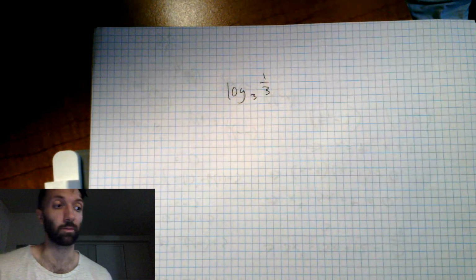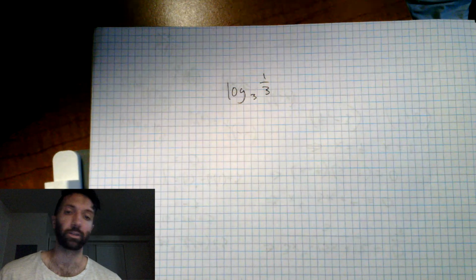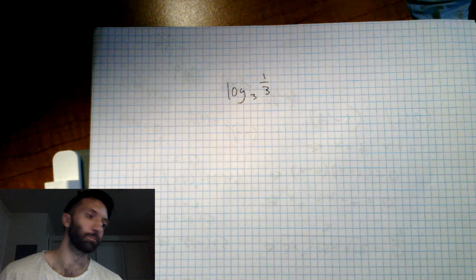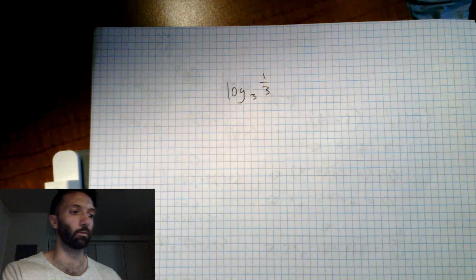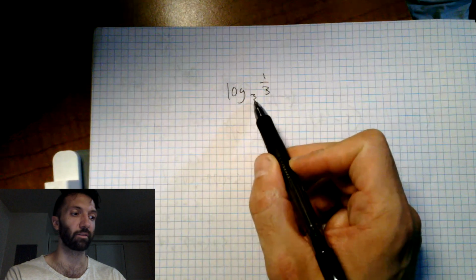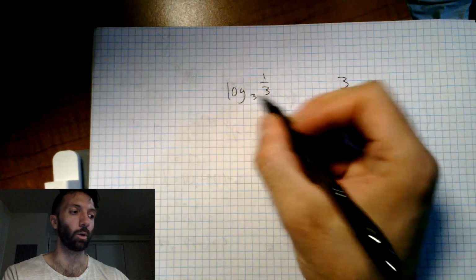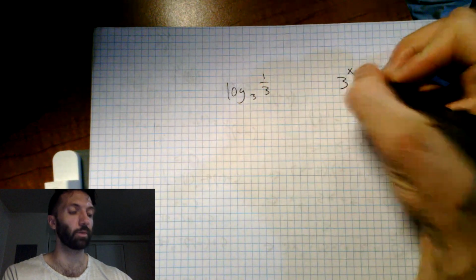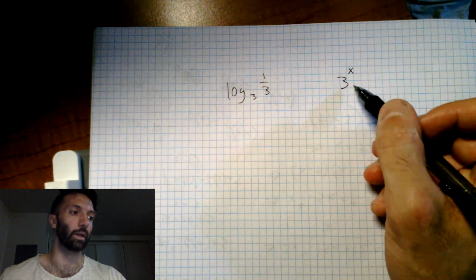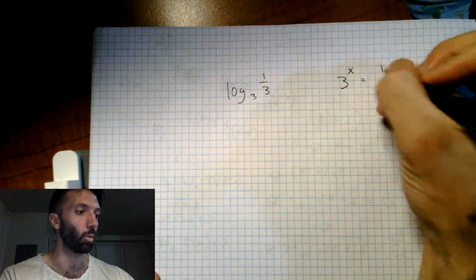Here sometimes we can get some fractions. So we want to know what log base 3 of 1/3 is here. Let's create the situation again. A base of 3 would mean a base of 3, and I want to know what the log is. So I want to know what exponent I would raise 3 to in order to get 1/3.